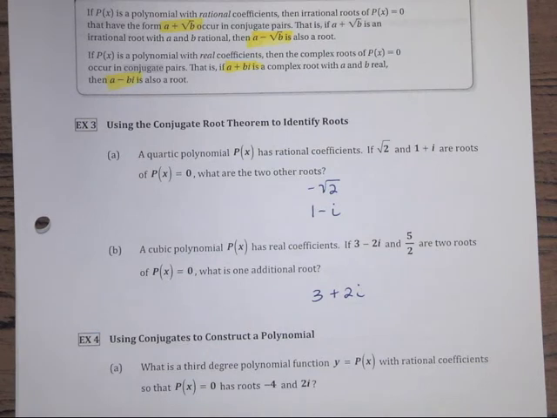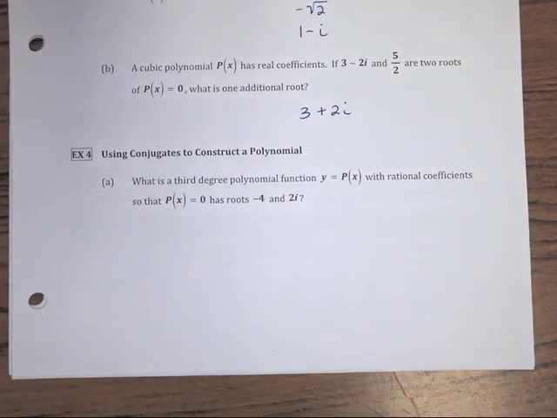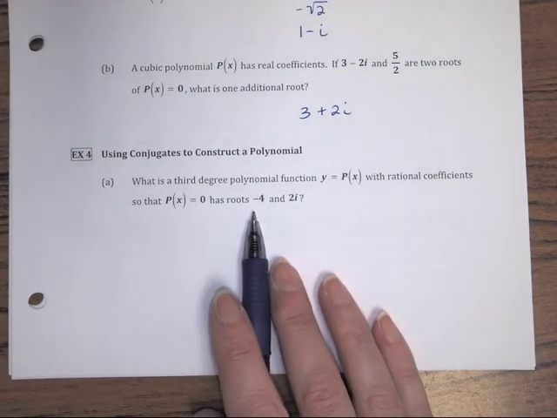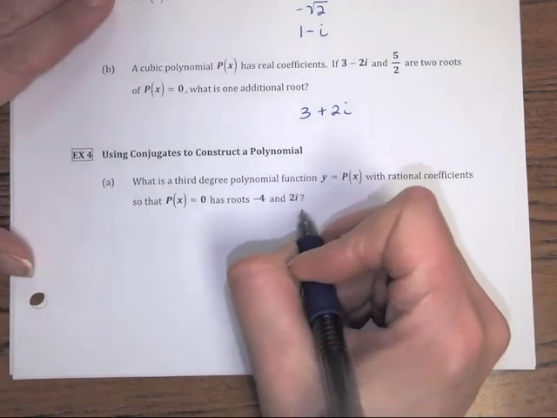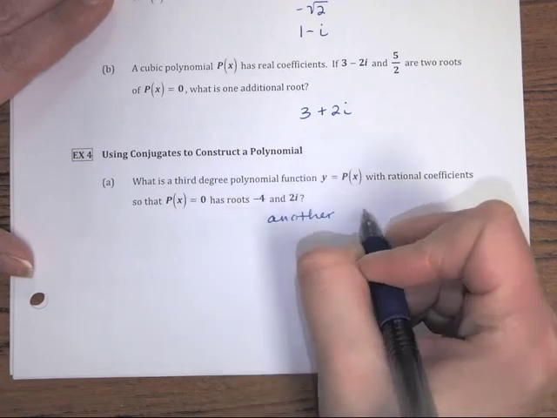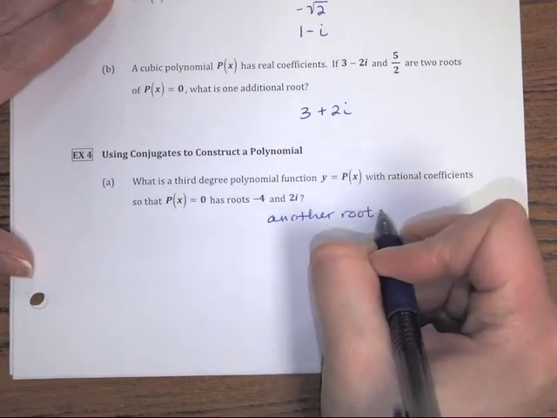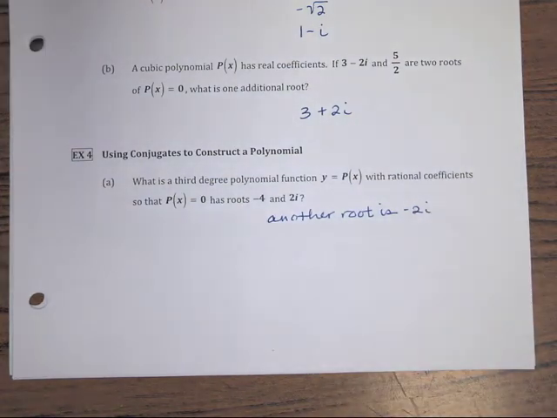Now, this is the last thing we're going to do for the day today. What is a third degree polynomial function with rational coefficients so that p of x equals 0 has these two roots? So would you also agree that another root is negative 2i, right?